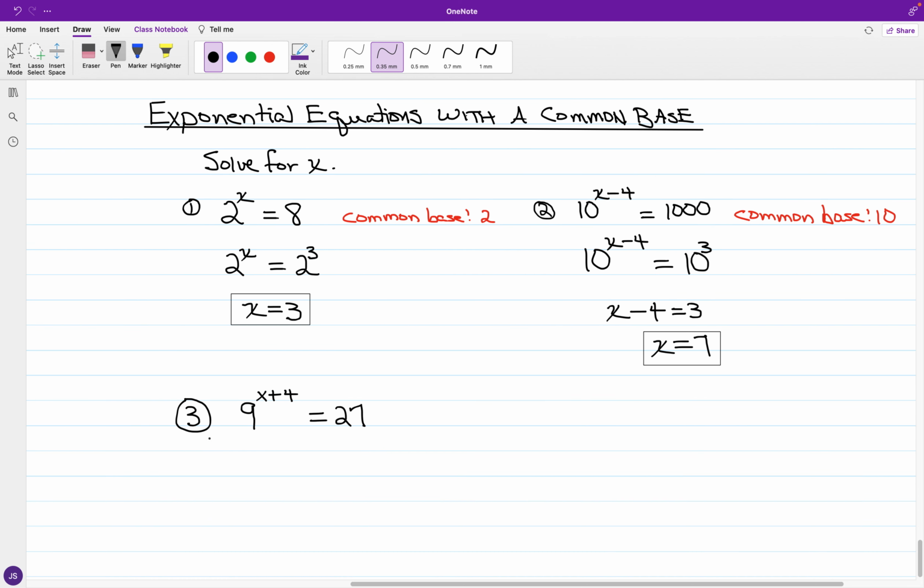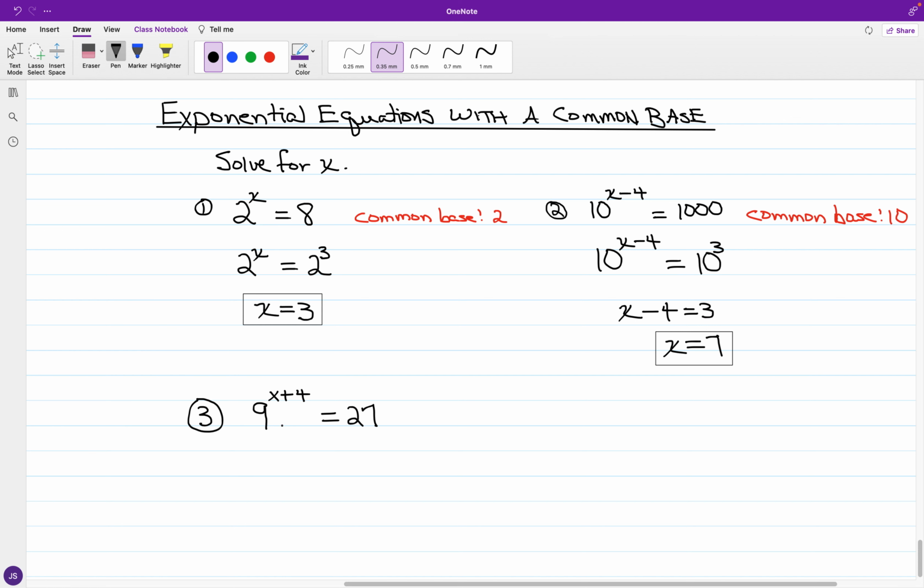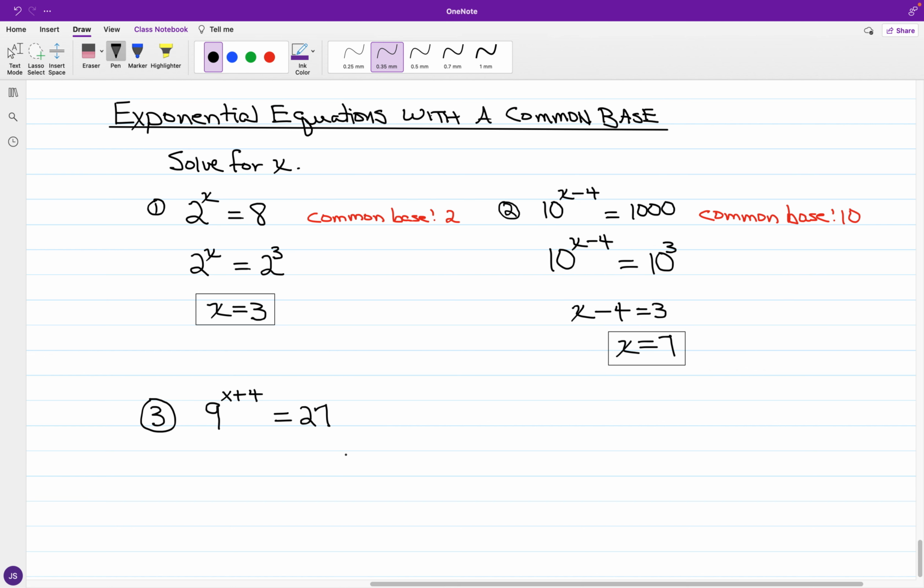Between the bases, 9 is the lower base. Now 27 is a multiple of 9, but it is not an integer power of 9. Integer powers of 9 are 9 to the first, which is 9, and 9 squared, which is 81, but there's no 27.